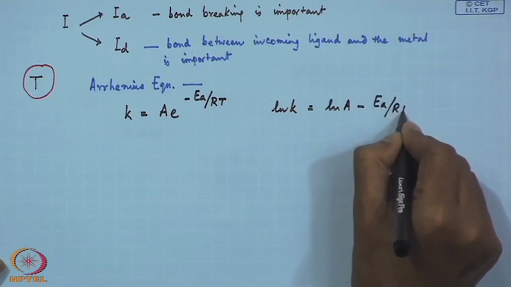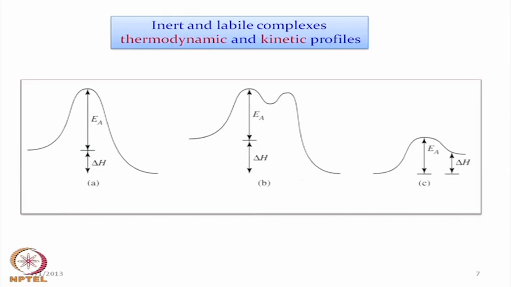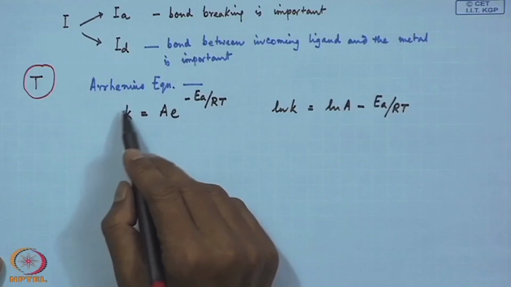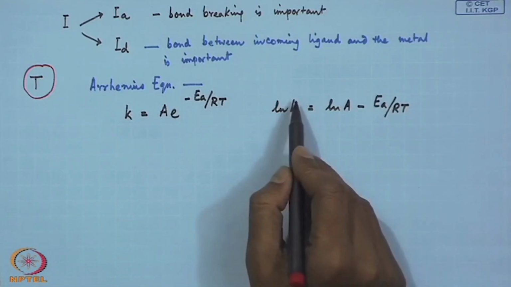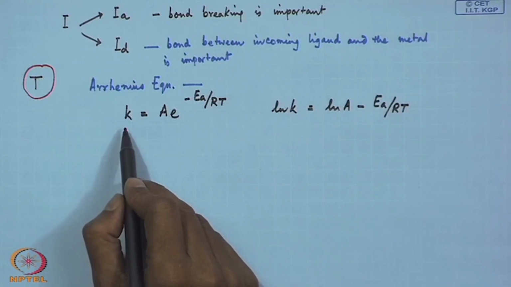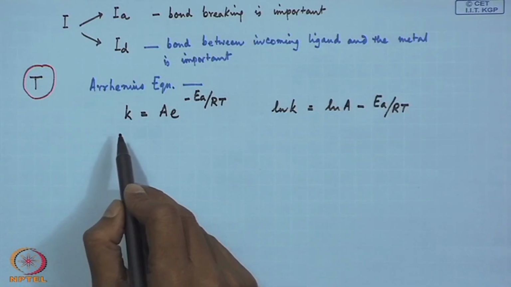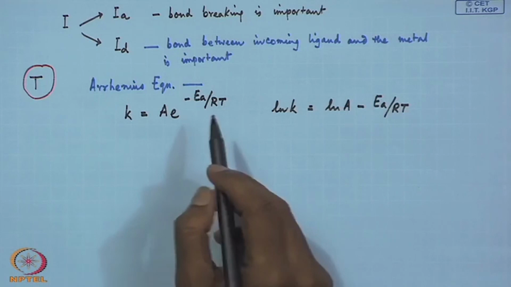EA by RT. So, these basically give us plots where we can find out how the corresponding parameters behave. The K values are the rate of the reaction, which has some dependence on the thermodynamic stability: K forward reaction divided by K backward reaction gives us the equilibrium constant value.